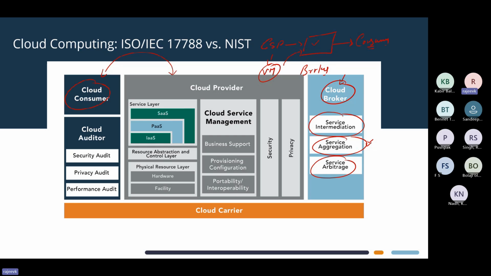And the last entity in this discussion we have is the auditor, which is definitely going to play a very important role here, because the auditor will help verify whether the product which you are purchasing is actually up to the mark or not. Definitely you are purchasing services from Azure or AWS, but is that service capable enough to fulfill all of your requirements?